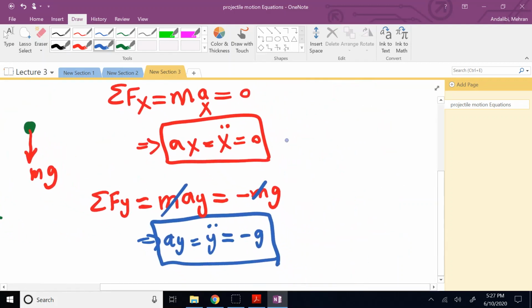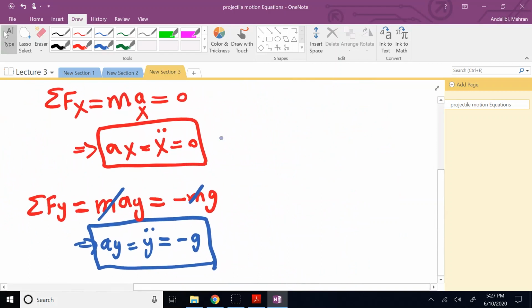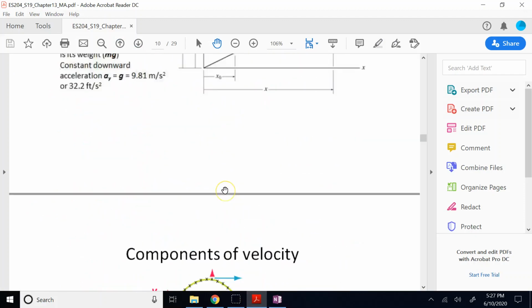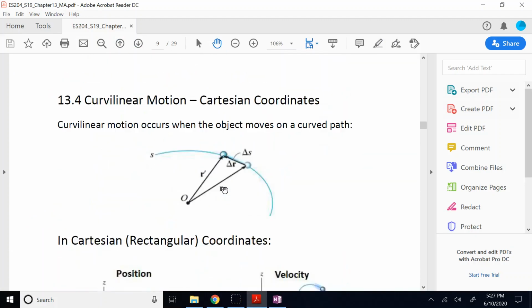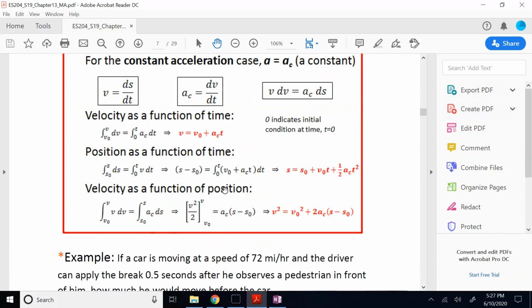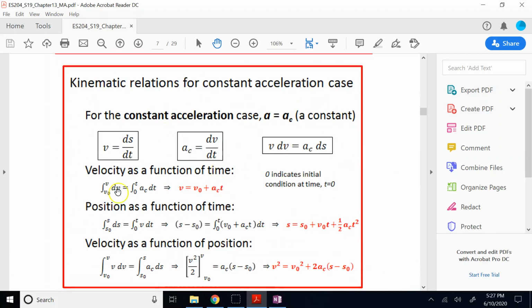If I call this equation number 1, now I'm going to integrate it one time. If you remember, first of all, you see both of these accelerations, x double dot and y double dot, are constant. And whenever accelerations are constant, if you remember from our previous lectures, we have these nice formulas, the ones in red.